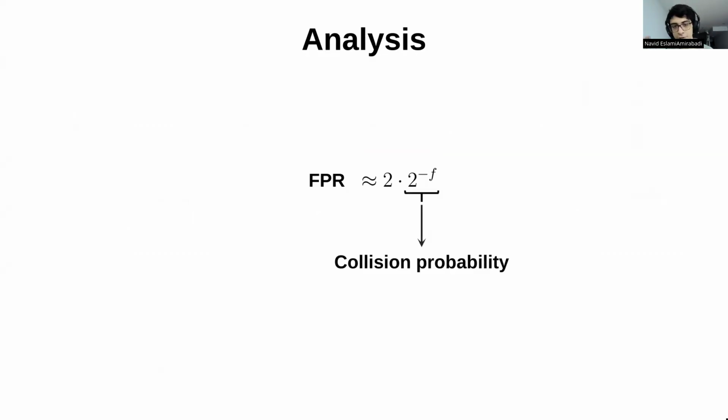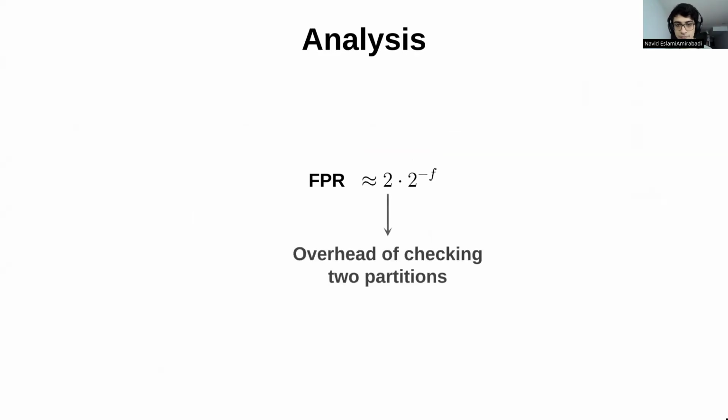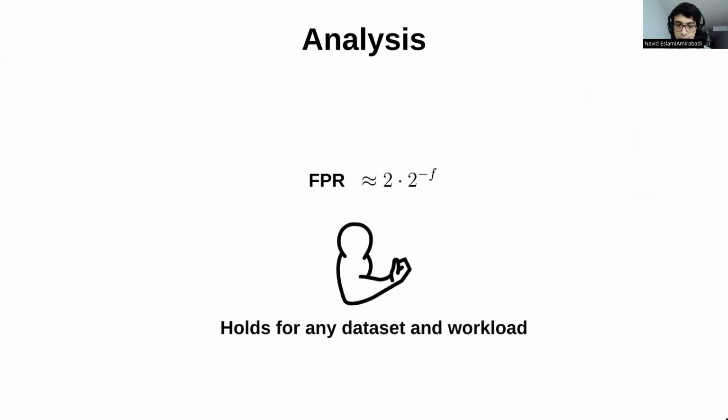And because each range query only considers two partitions, we have to multiply this expression by 2 to account for the overhead of checking two partitions, each of which could err. Now this gives us the false positive rate. And one can show that this holds for any dataset and workload, which is the robustness guarantee that we desired.